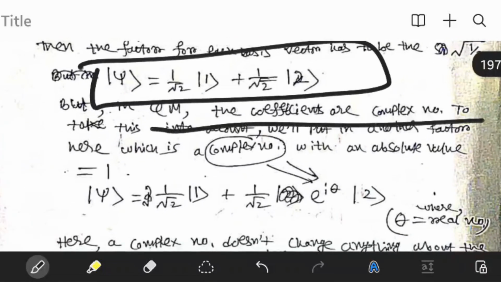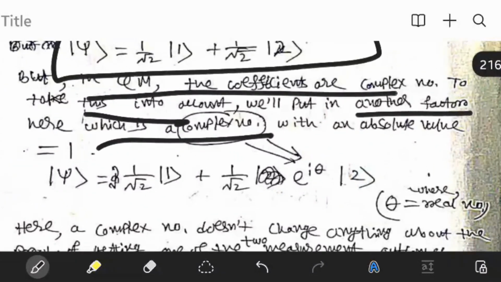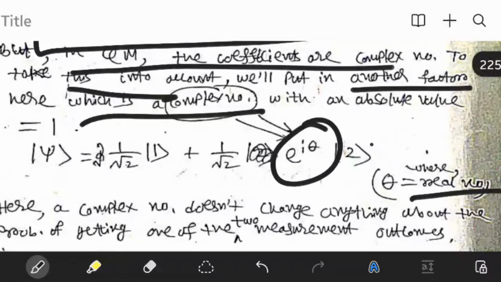But in quantum mechanics, the coefficients may as well be complex numbers. And if we are to consider one of the coefficients a complex number, we just multiply it by e raised to i theta, where theta is a real number.